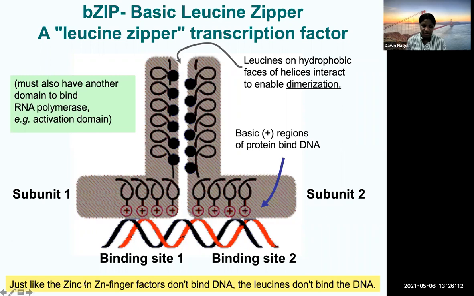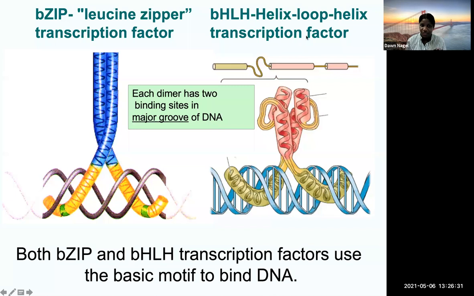And just like with the zinc fingers, where the zinc is there to help the protein get to the DNA but doesn't bind to the DNA directly, it's the same with these BZIPs, where the leucine zippers don't bind to the DNA, but they help to form these dimers that are important for function. BHLH transcription factors are also proteins that need to form dimers in order to function, right?